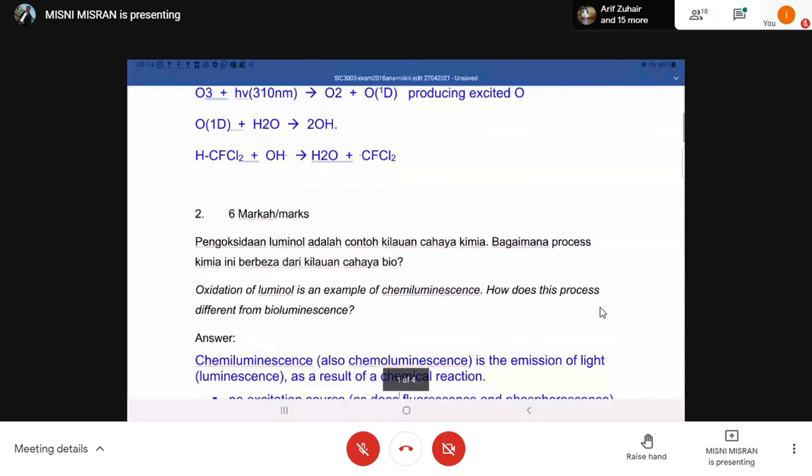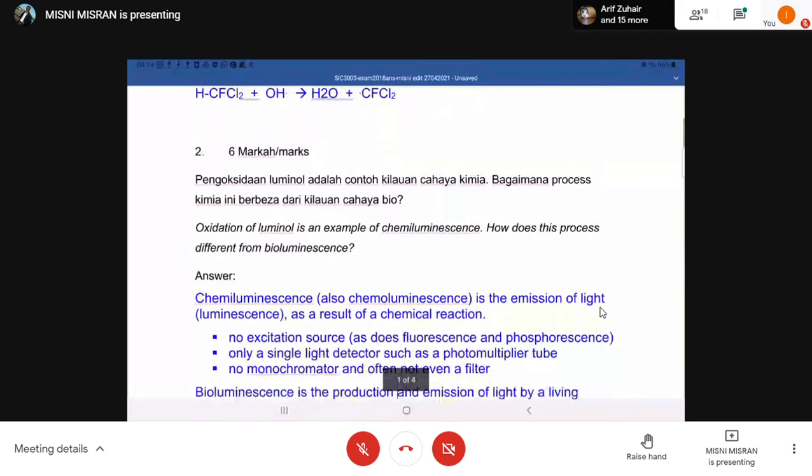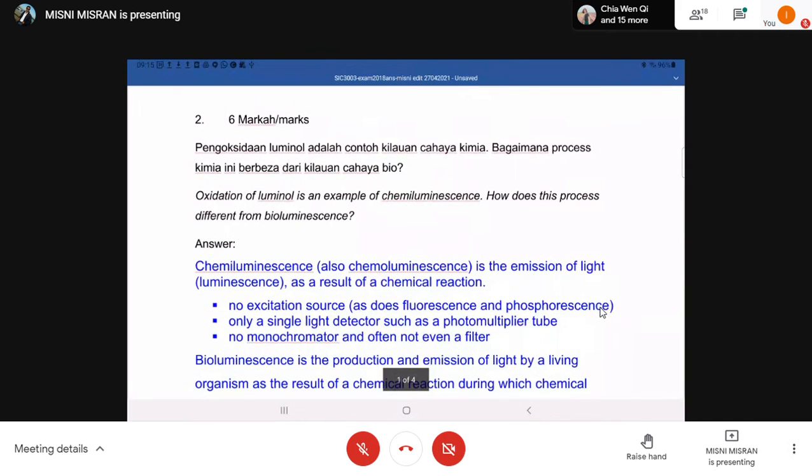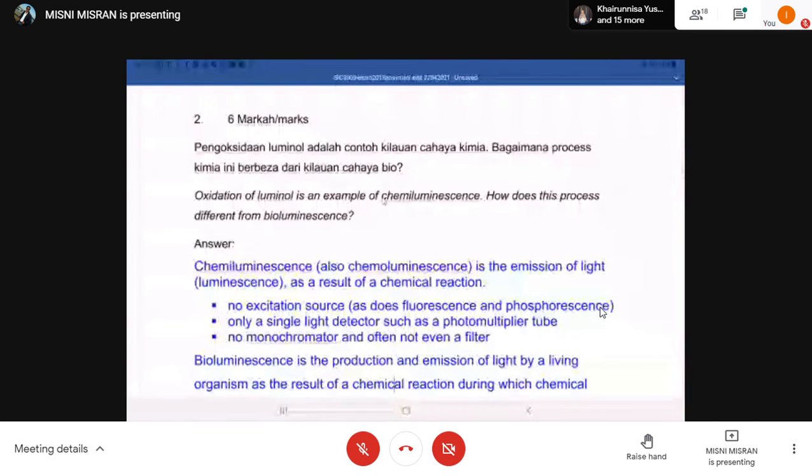The second question is 6 marks. So again, since it is from your lecture notes, right? It asks you: oxidation of luminol is an example of chemiluminescence. How does this process differ from bioluminescence? Now, the question is actually asking you about chemiluminescence and bioluminescence.